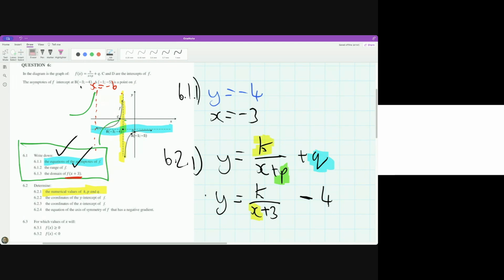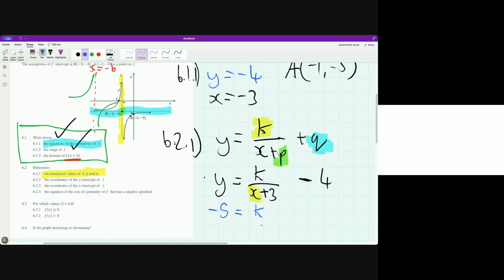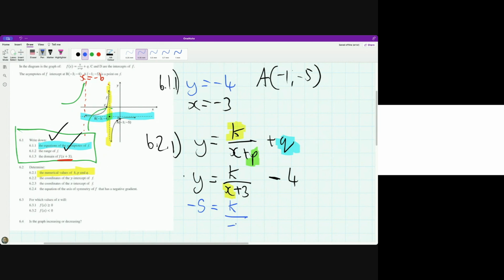I think at the very beginning, they gave us -3 and -4, which we've used, but there was another point called A. And A was the point -1, -5. So I'm going to sub that point A into this. So I'm going to go -5 equals k over, what was this? -1 plus 3, minus 4.